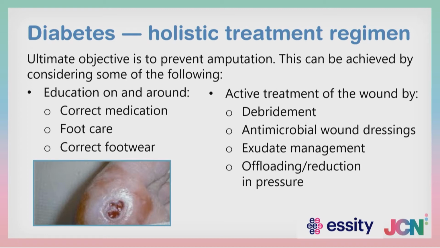So the ultimate objective here is to prevent amputation, and this can be achieved by considering some of the following: education in, on or around the correct medication that they should be taking, the correct footwear, active treatment of the wound by debridement, so we can use the TIMES framework to formulate what we want to do with the wound, antimicrobial wound dressings if they're appropriate, the management of the exudate, because if the surrounding skin becomes soggy and excoriated, there's risk of further breakdown, and offloading, the reduction in the pressure wherever on the foot the ulceration has occurred.